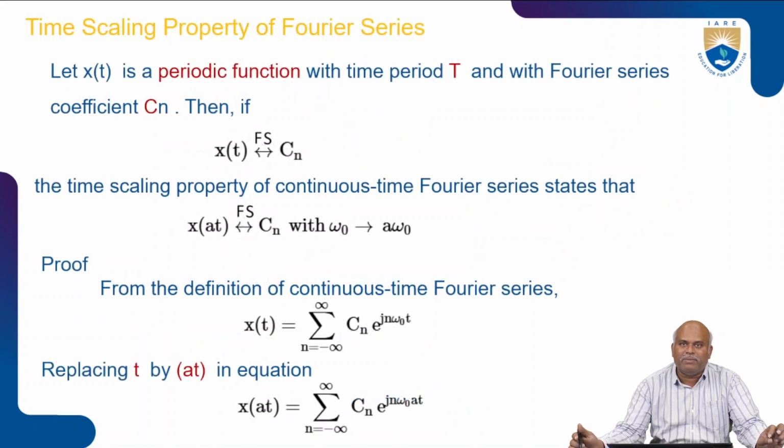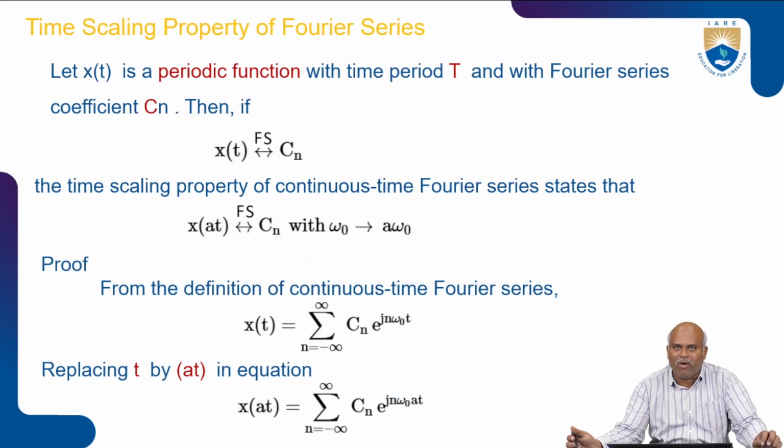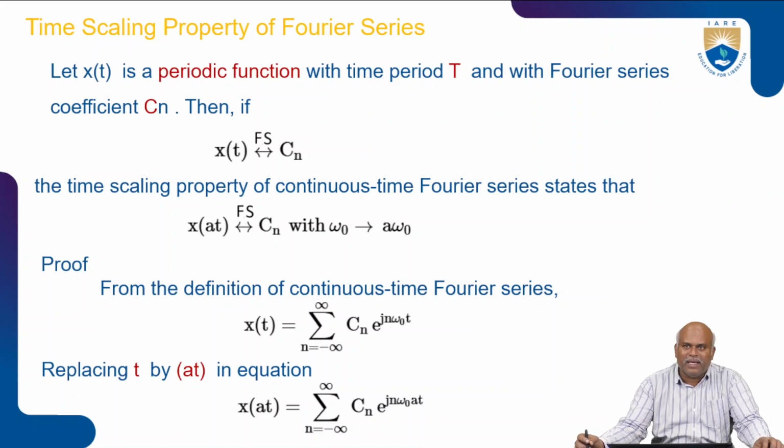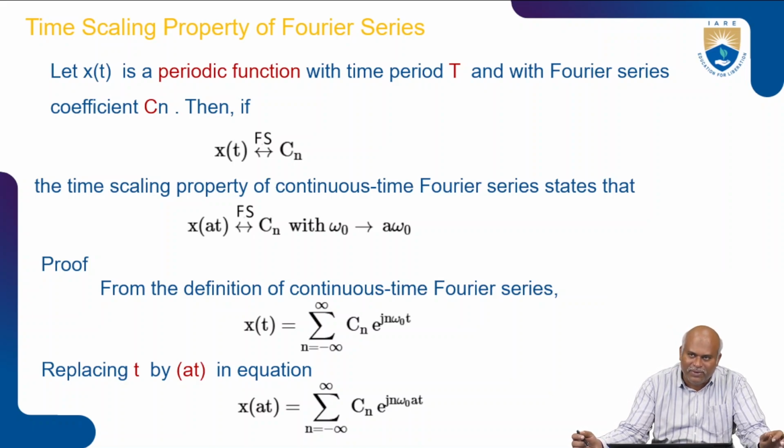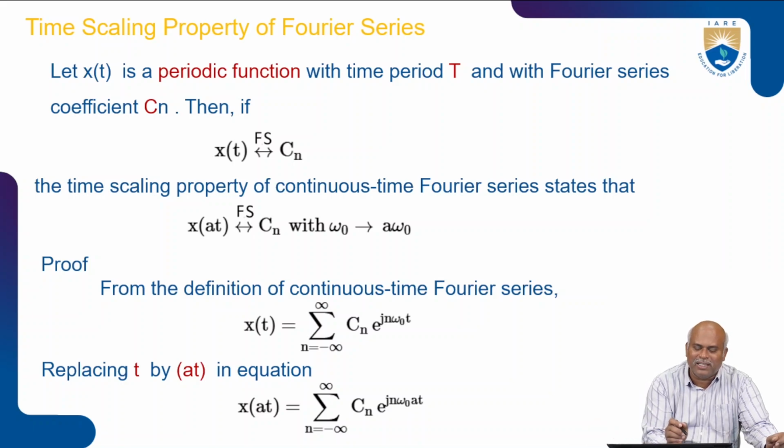Next property, the time scaling property of Fourier series. We take x of t as a periodic function with fundamental period capital T. We take the Fourier series, then we produce the Fourier series coefficient c of n. As per the statement, the Fourier series of x of t is equal to capital letter c of n.